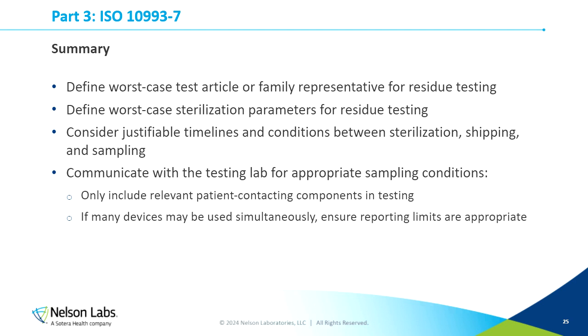And if you think you have a device type where your limits might be exceedingly small, it might be a good idea to do the due diligence, figure out what the limits might be by a toxicologist, and then ensure that the lab can meet those reporting limits. Because you wouldn't want to run into a situation where the limits of detection are actually higher than the tolerable intake, because at that point, the testing wouldn't really tell you anything. I misspoke earlier when I said it the other way around.